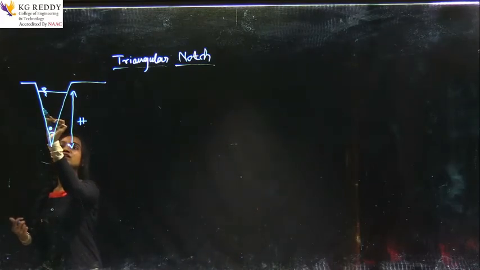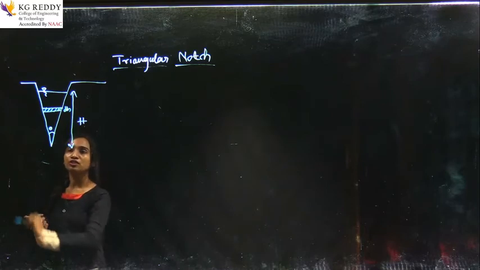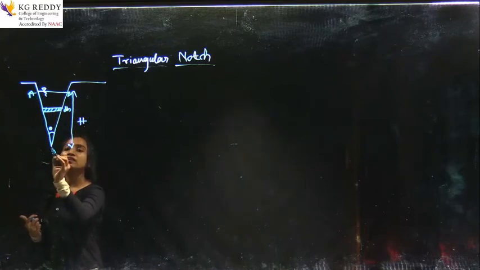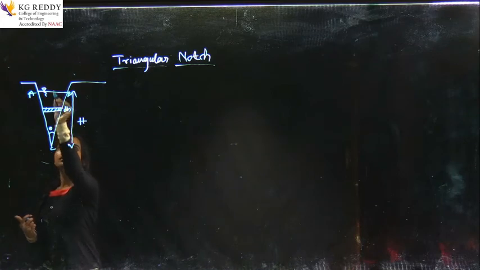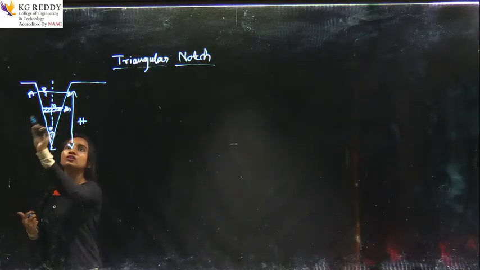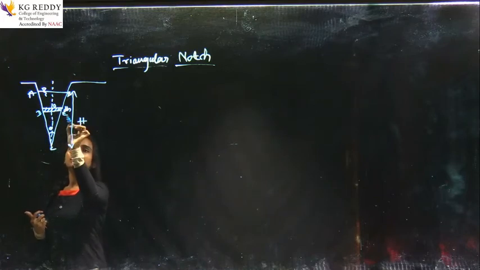Similarly, consider a small strip here, and the height is dh. Consider these points as B and C, and take one axis, which I will name O. And D, E I will name.